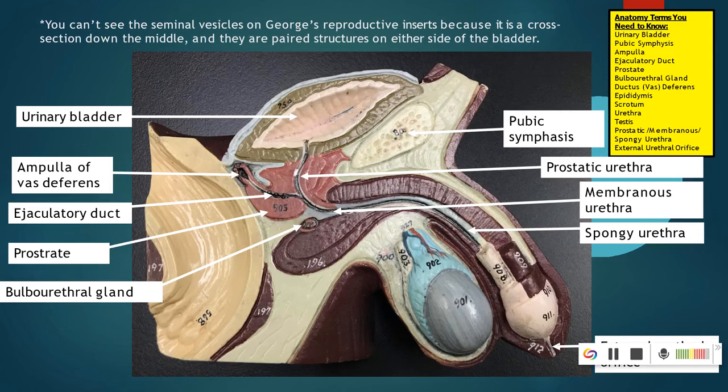And at the very bottom, there's the external urethral orifice, which you cannot see, but that little arrow at the bottom right corner is pointing to it.